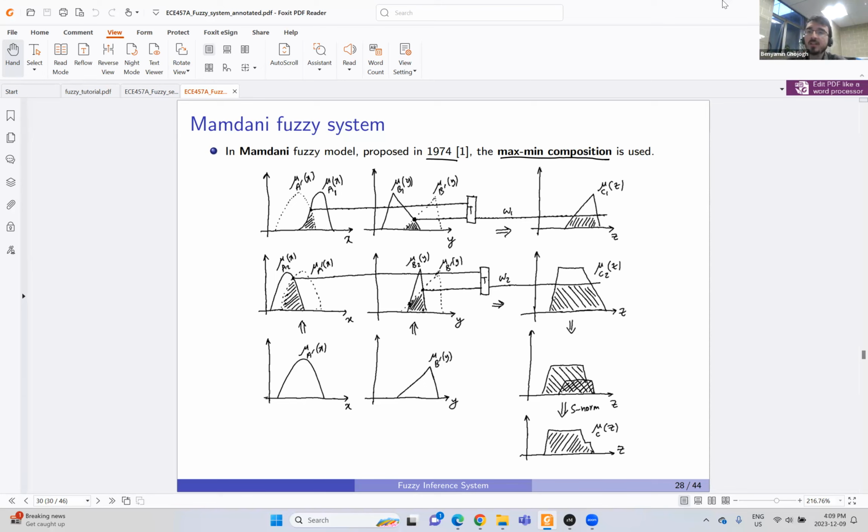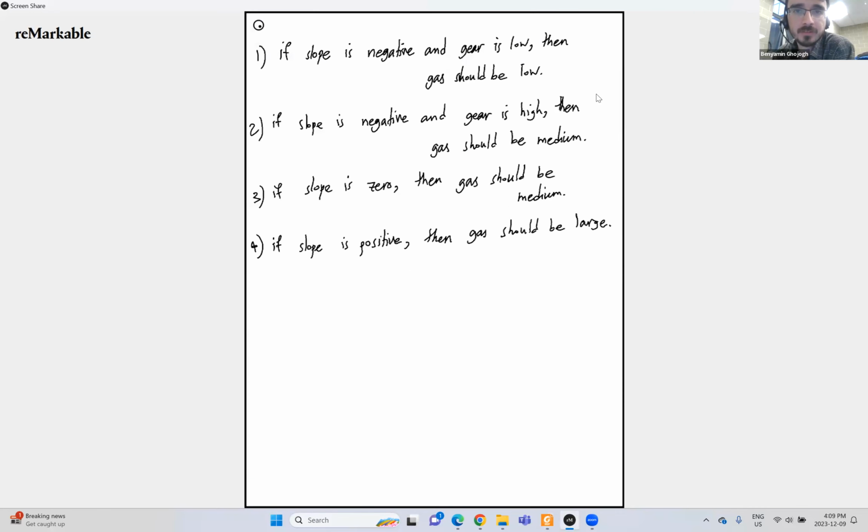Do you agree that any expert who wants to do something in their own job has some rules in their mind, and these rules are crisp? For example, let me tell you an example here. Assume we go to the expert of a vehicle, and the expert tells us, I have 4 rules.